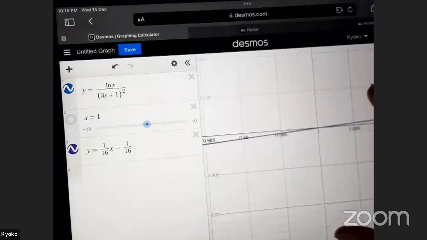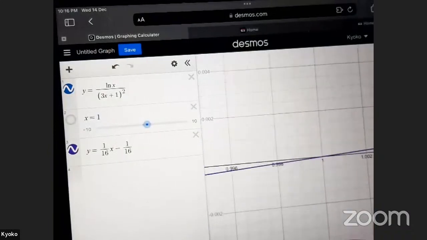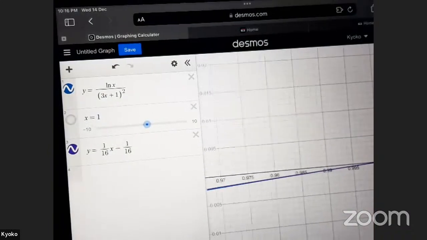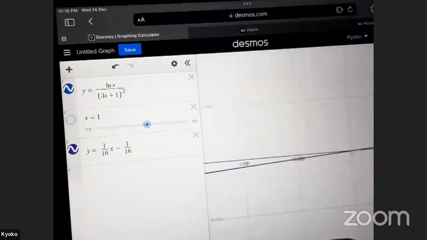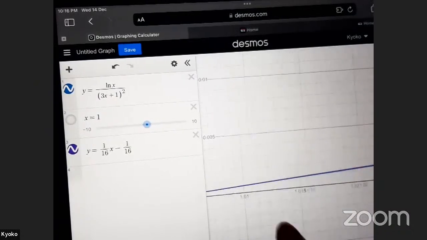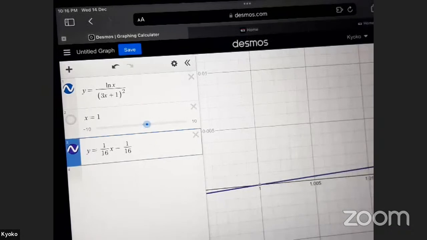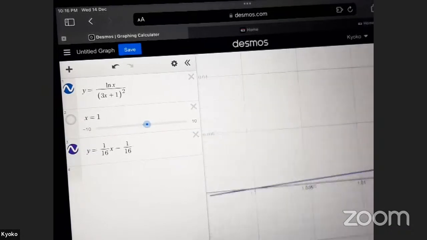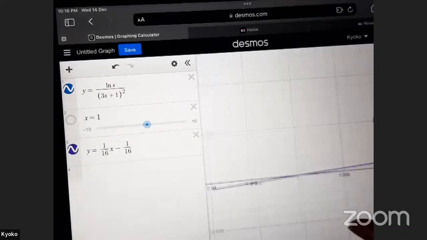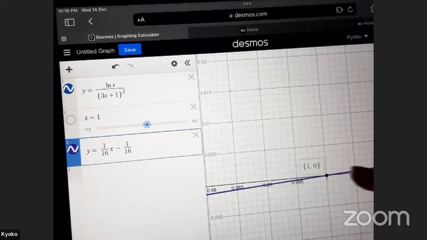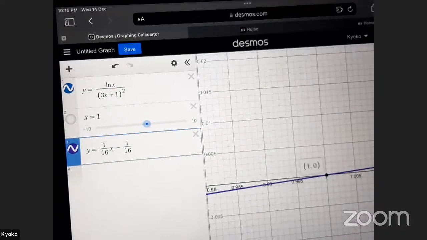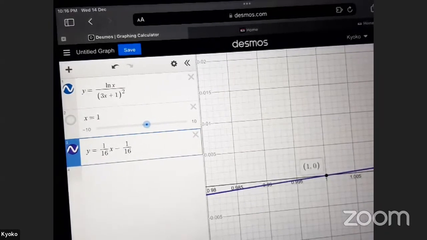So what happens here is that you have an intersection between the line and the curve, right? To find the intersection, you just tap on it. There, when you tap it like that, the intersection is 1, 0. Let's say you only have two things, your original curve and your proposed answer, the line, correct?